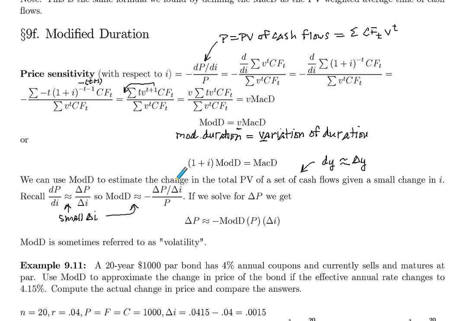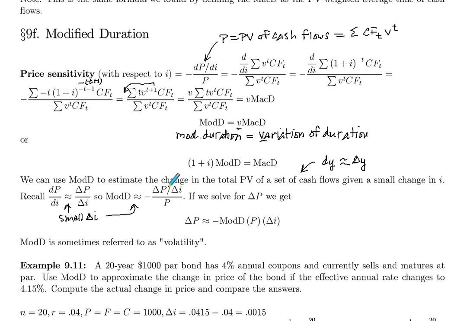Well, the nice thing here is that we don't have to actually figure a derivative to get this approximation. We can just look at small changes in the effective interest rate and see what kind of effect that has on price, and it can actually be very accurate in predicting what modified duration is, or using modified duration to predict changes in price.